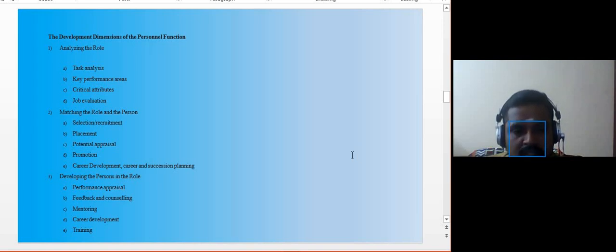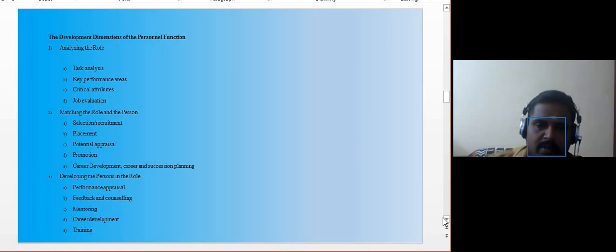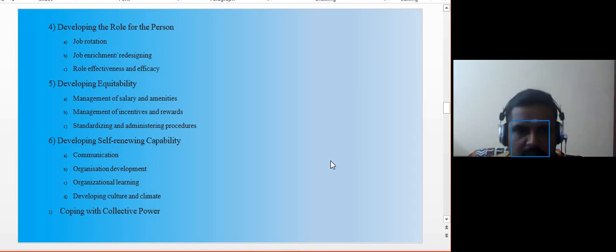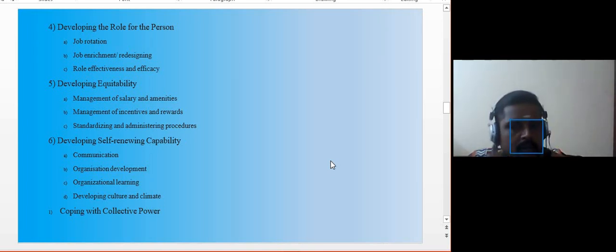And the third is developing the persons in the role: performance appraisal, feedback and counseling, mentoring, career development, training. So these are all the development dimensions of the personnel functions, and developing the role for the person.